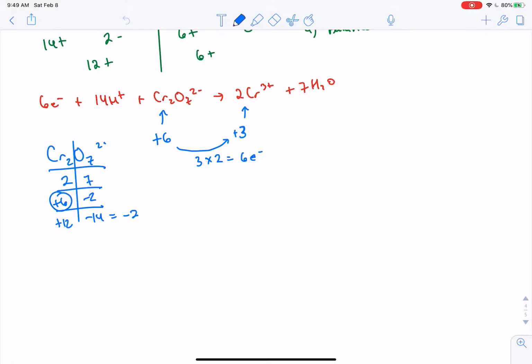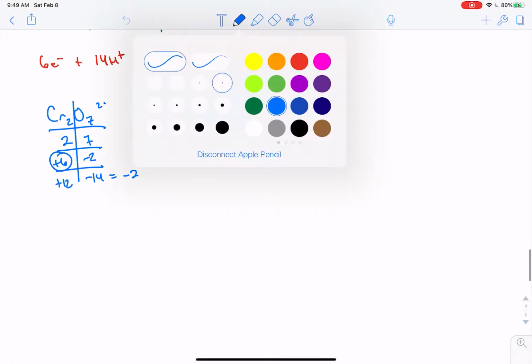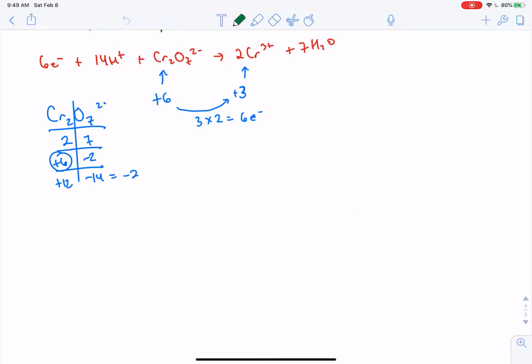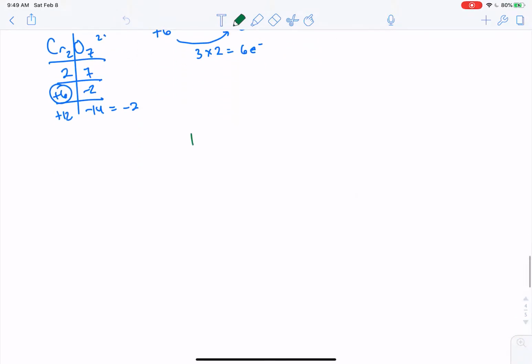Now, they could conceivably give you an overall reaction and then have you split it up. And so it might be something like, hold on, let me make sure I do, well, I'll just do it this way. That's 6 electrons.